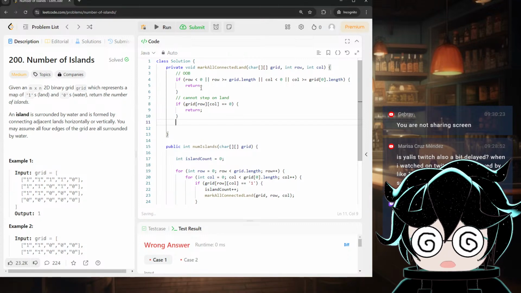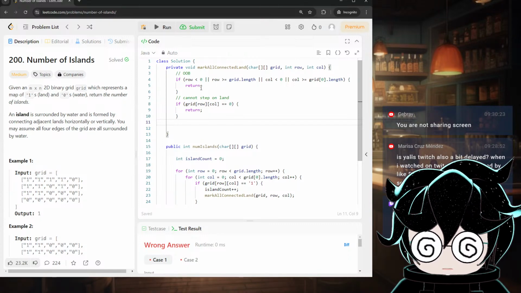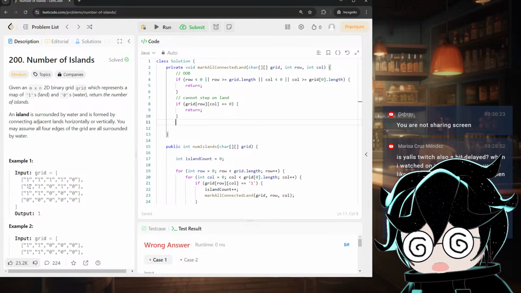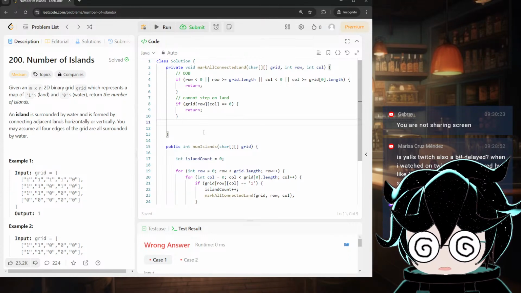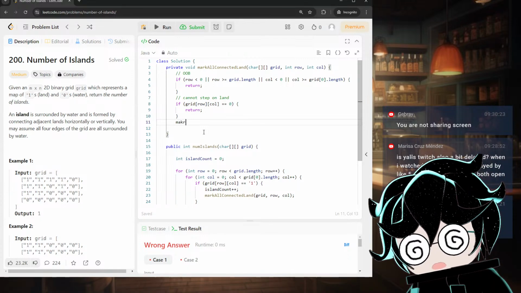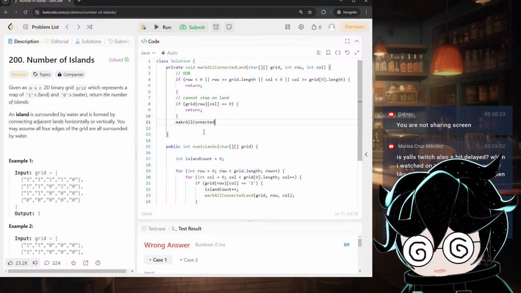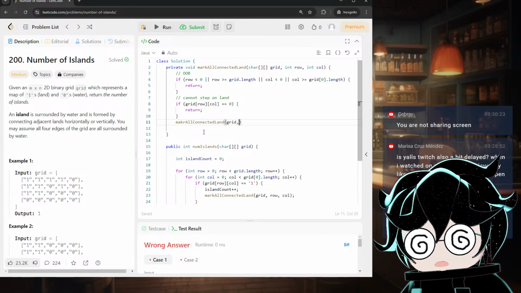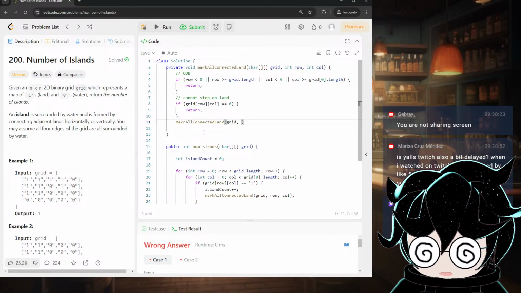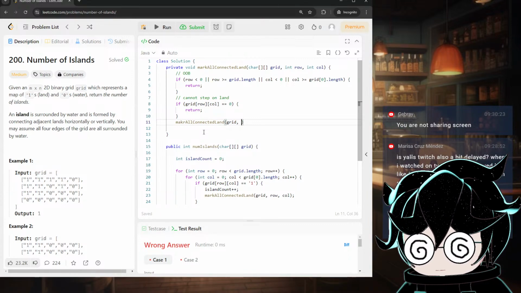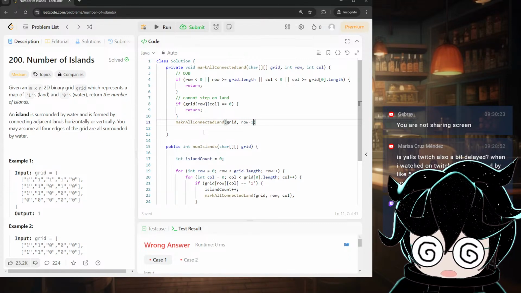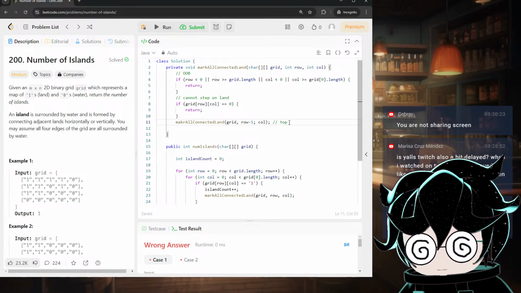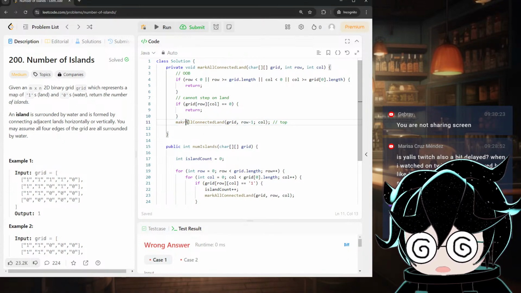Okay, now the really difficult part. Recursion. How do we visit the top, bottom, right, and left? Wait, this isn't that bad, right? All connected. Because I've already handled out of bounds, I can just do grid. Okay. Top is row -1, column. That's the top. Wait, this isn't that bad, is it?